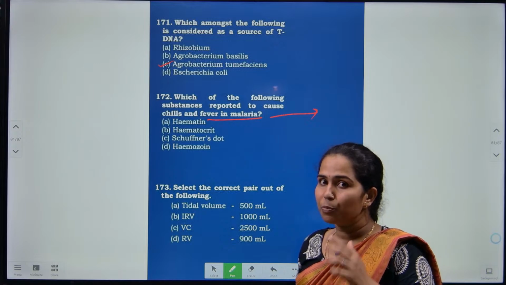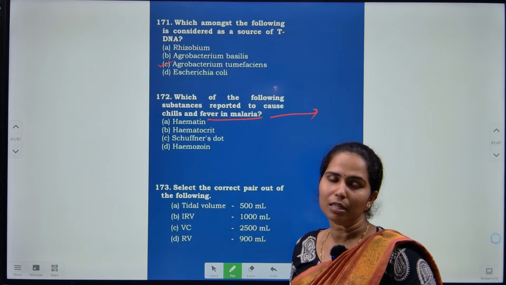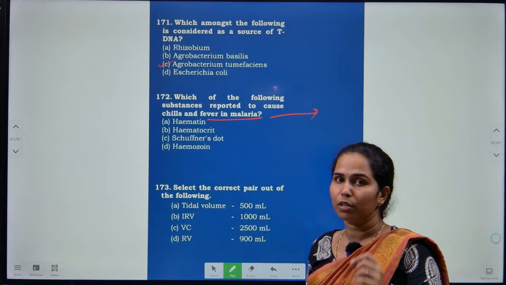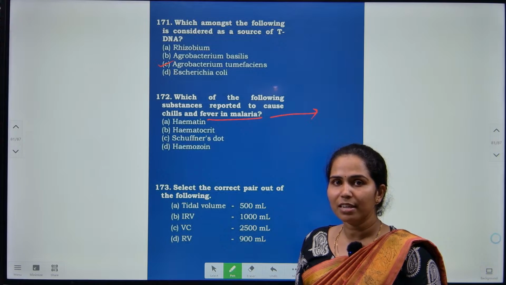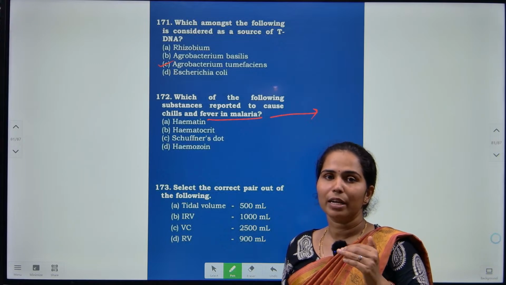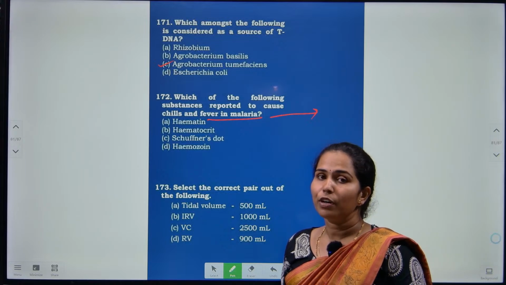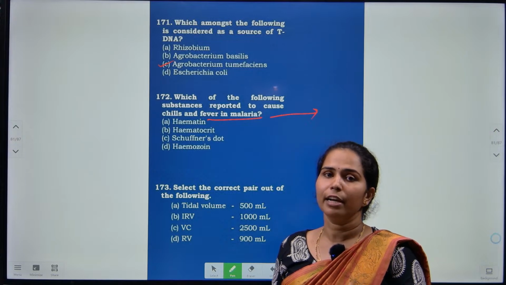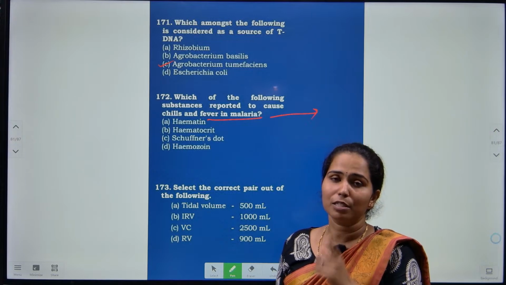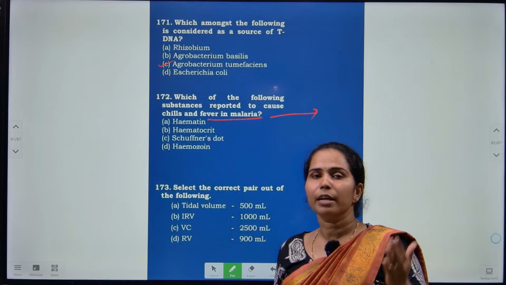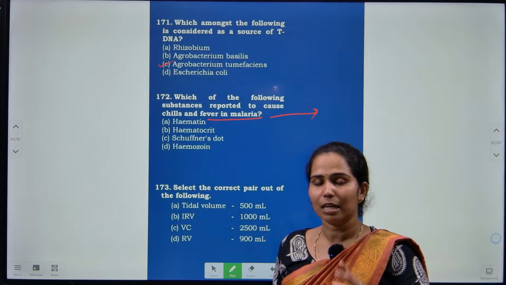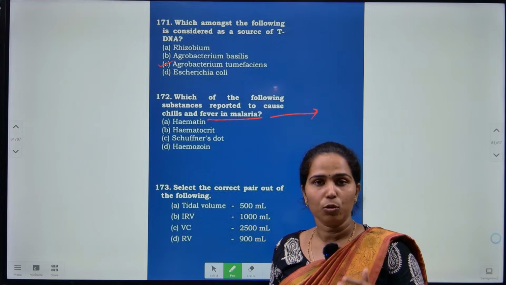Now, sporozoites are the infective stage of Plasmodium vivax. When this sporozoite enters a healthy person, first and foremost they invade the liver cells and multiply asexually, then they move into the RBCs, and again multiply in the RBCs.